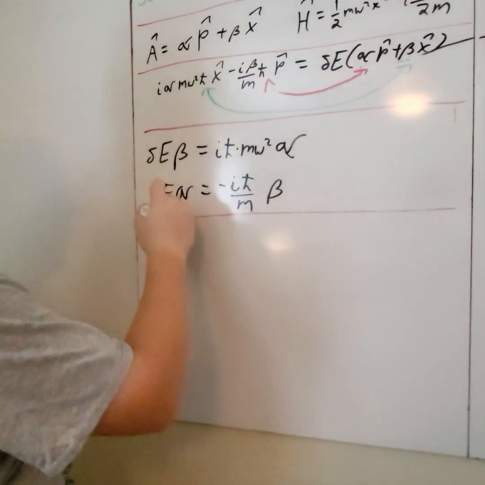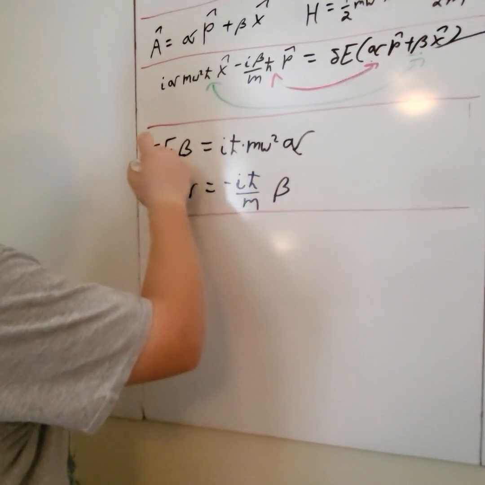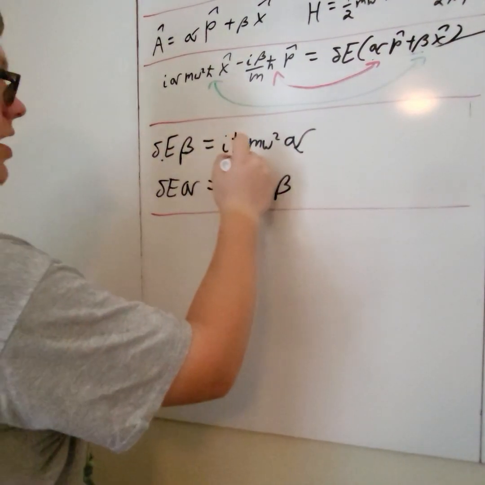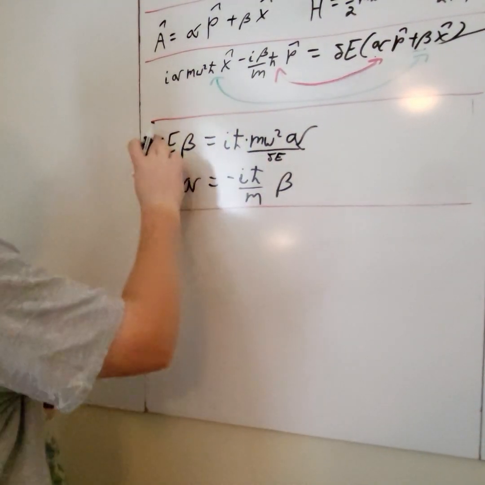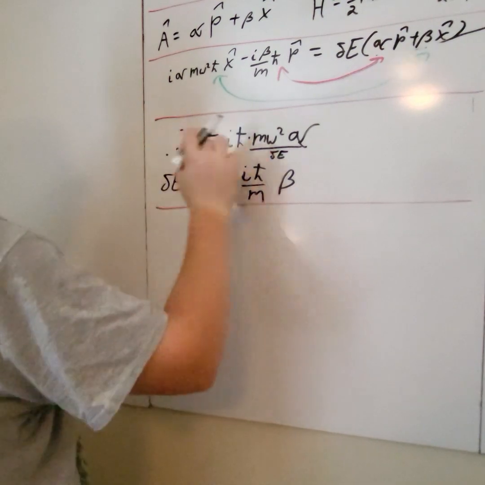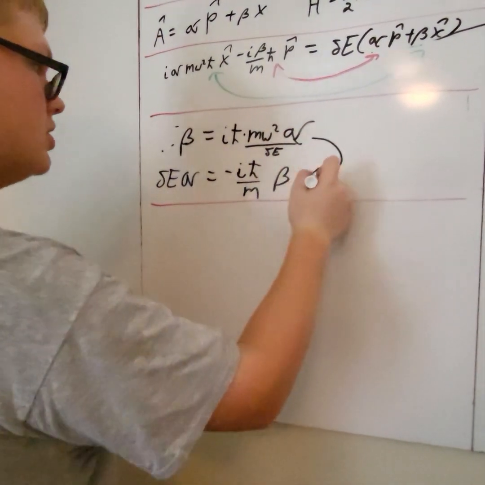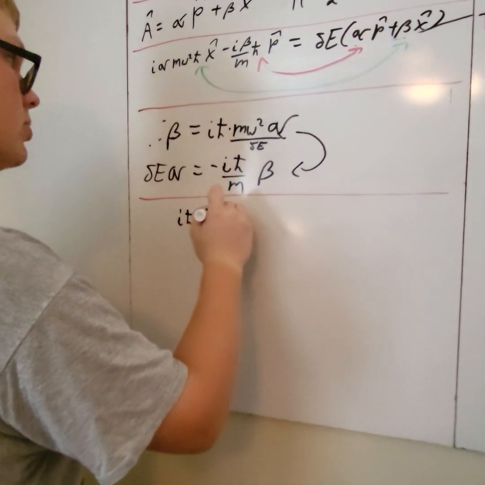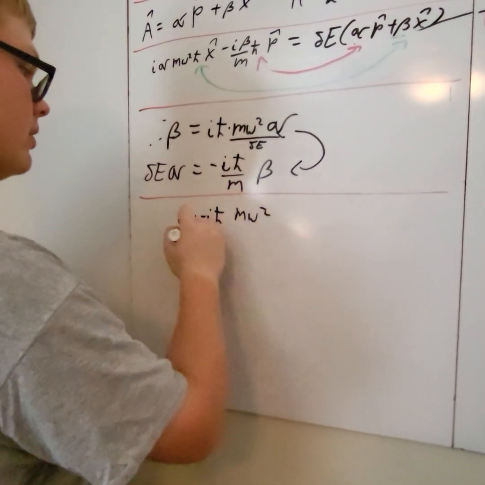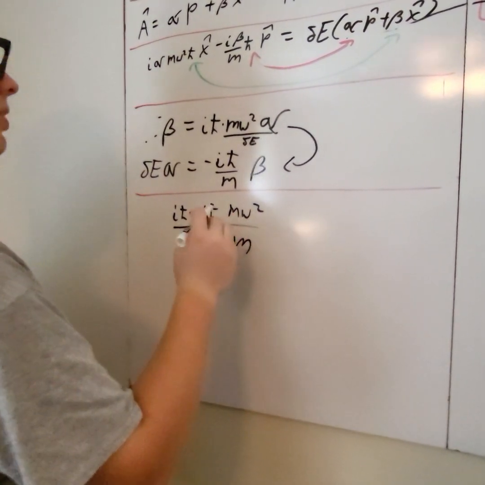We notice that beta is just this divided by delta E, times alpha. So we plug that equation into here: i h bar times negative i h bar m omega squared over delta E over m.